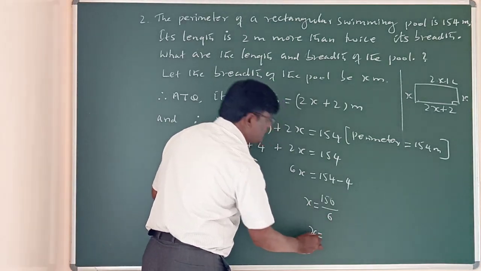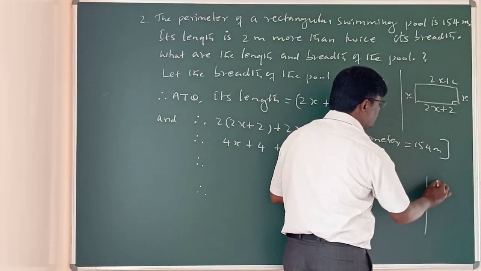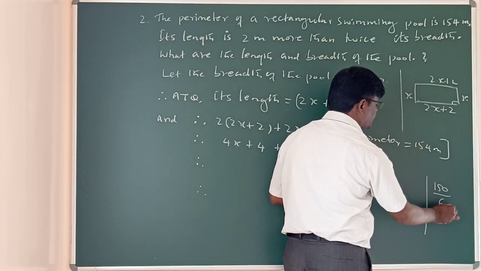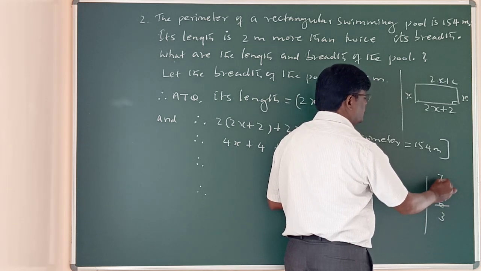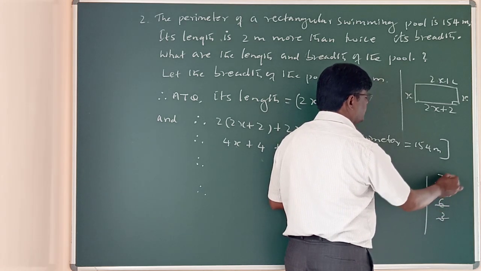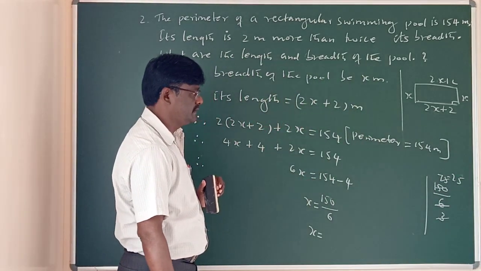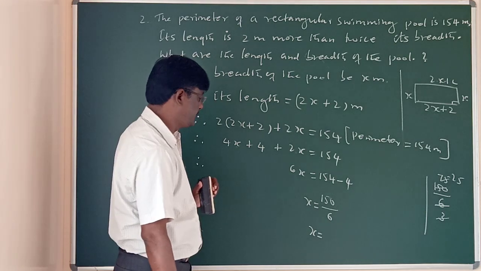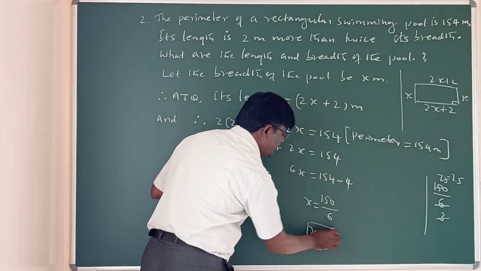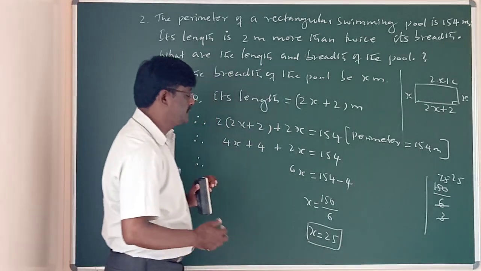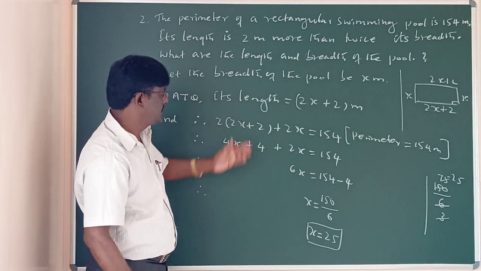Coming to the rough work: 150 divided by 6. 6 twos are 12, 3 carried, 6 fives are 30. So thus we get x equal to 25. Once we know x, it is easy to get the two dimensions, length and breadth.